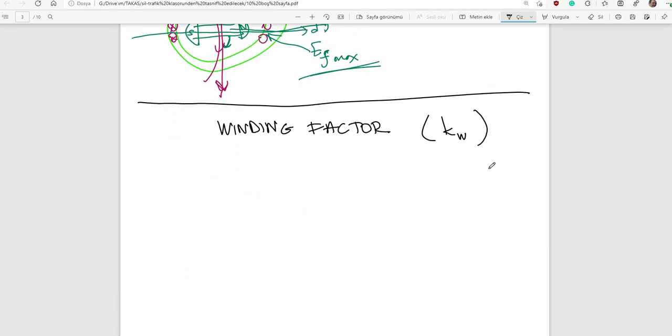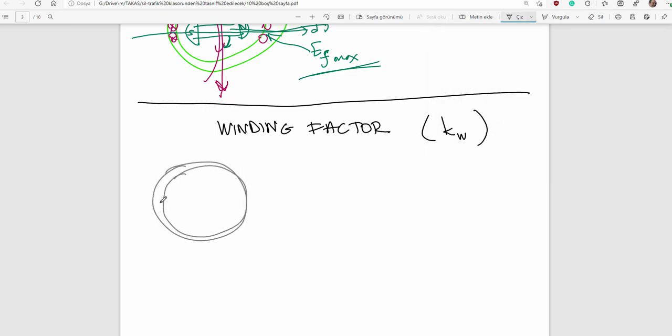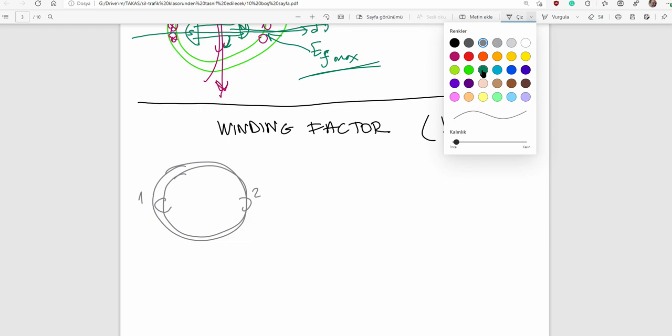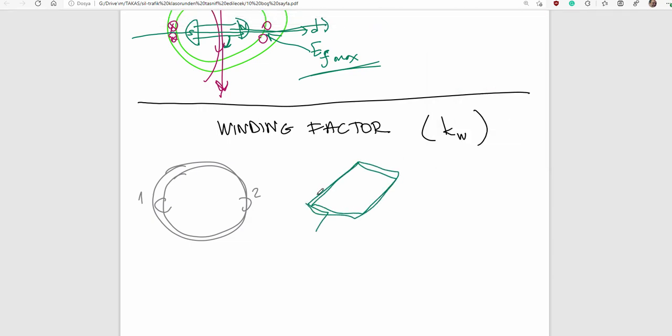For example, if you construct a winding in only one pair of slots, first slot and second slot, for example, that is the winding installed in those slots, that is the concentrated winding, let's say cross and dot.